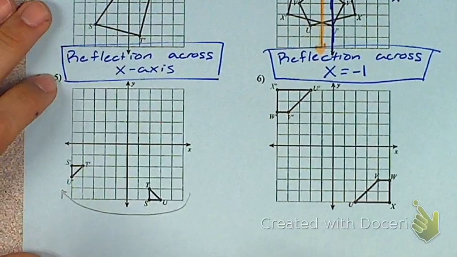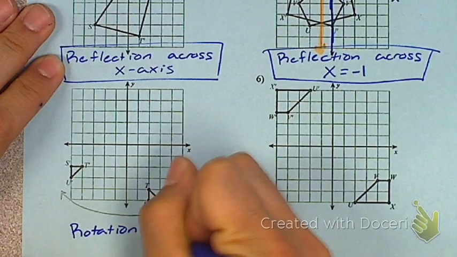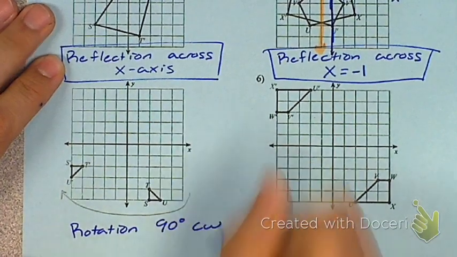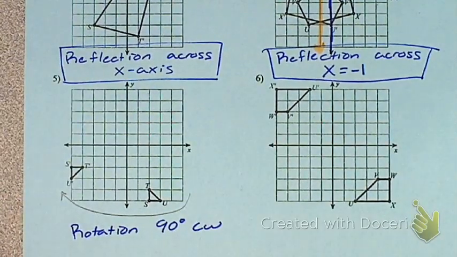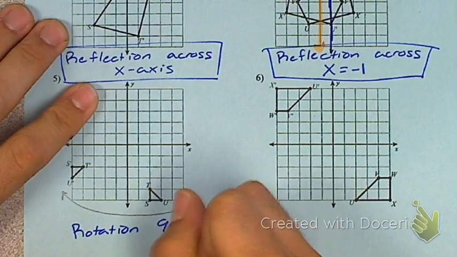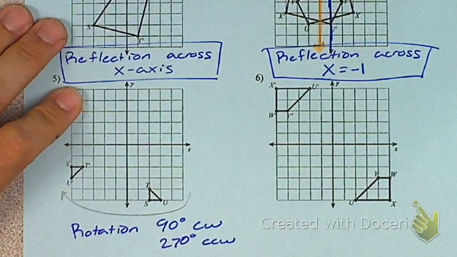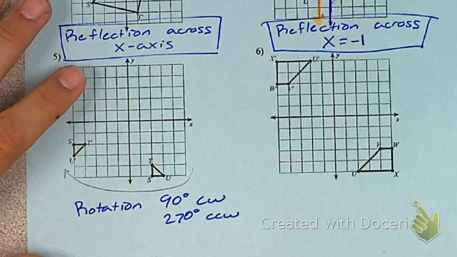Oh, yeah. Okay. Rotation, 90 degrees clockwise. If it's 90 clockwise, what else could it be? 270. You don't need both. One is okay. But I'm not done yet.